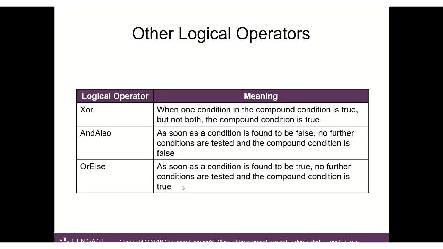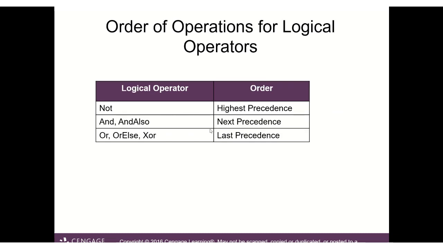There can be other logical operators like XOR and also OrElse. So refer to this particular slide for the detailed meaning of that. The operator order should be: the highest precedence is not, next precedence is and also, and the last precedence is or else, and XOR.